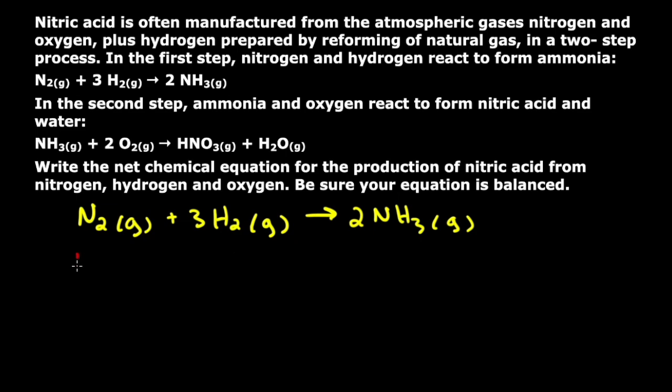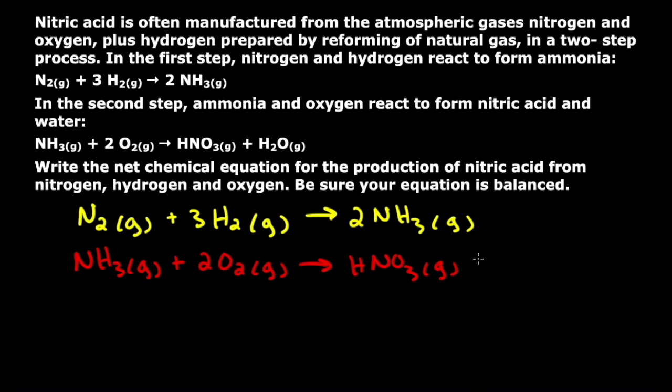And so we're going to have this NH3 gas, and that's going to combine with this 2O2 gas here. And then that's going to produce this HNO3 as a gas, and it's also going to produce this H2O as a gas.